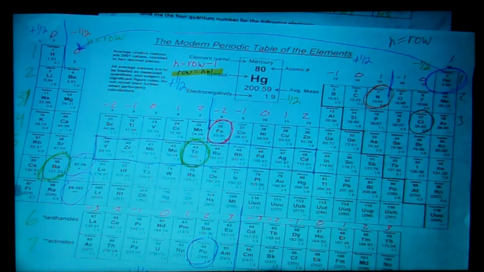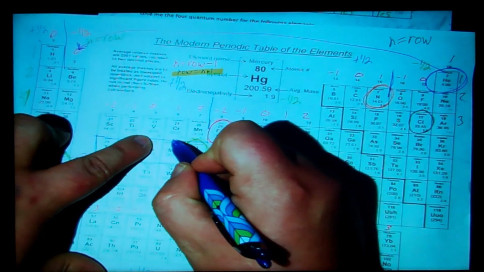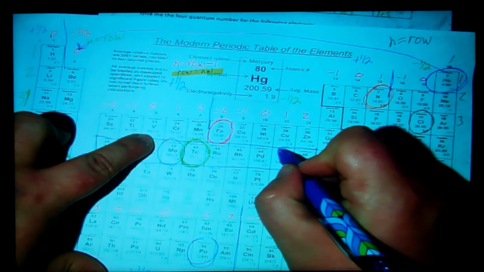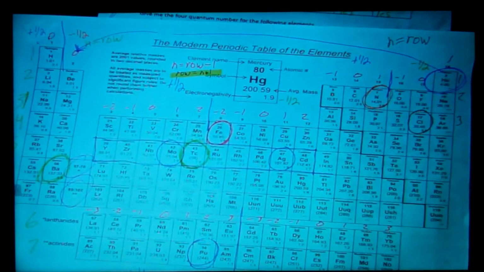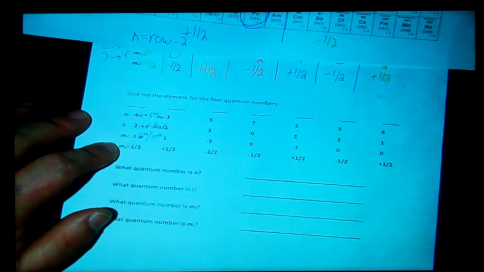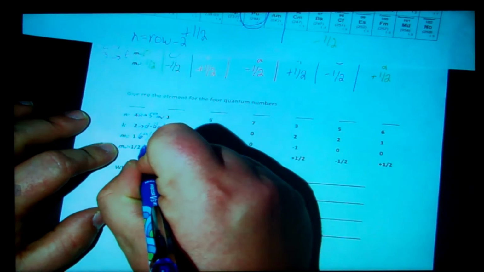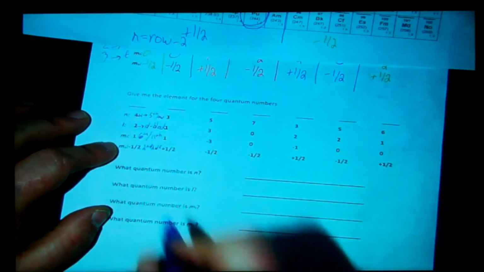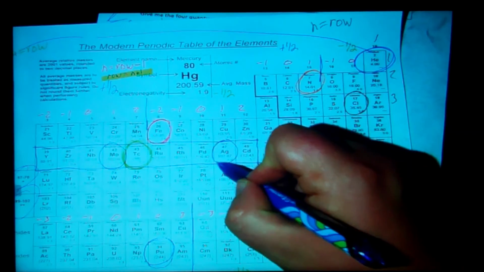So I've now narrowed it down from there to here, molybdenum, or here, silver. So the only thing to differentiate them now is the negative 1/2. So it's the second half, which tells me the second column. So it's the 5th row, 11th column, which is silver.